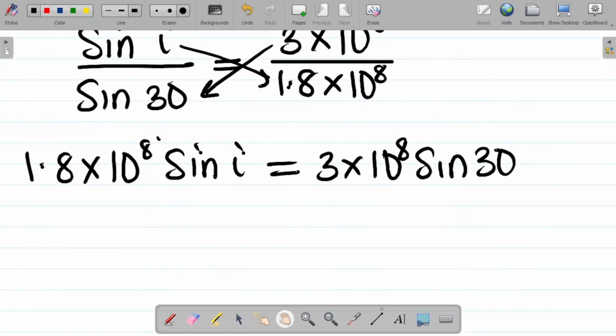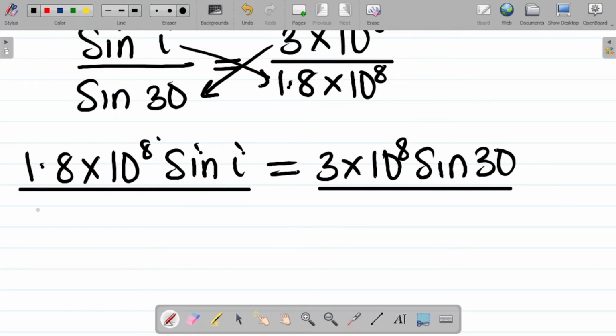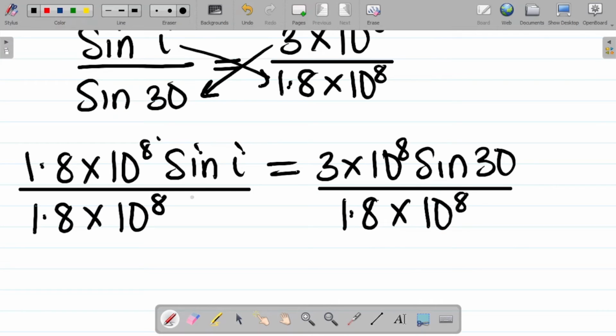To get the value of sine i, I'll divide this by what is attached to sine i, which is 1.8 times 10 to the power 8, and also divide here by 1.8 times 10 to the power 8.